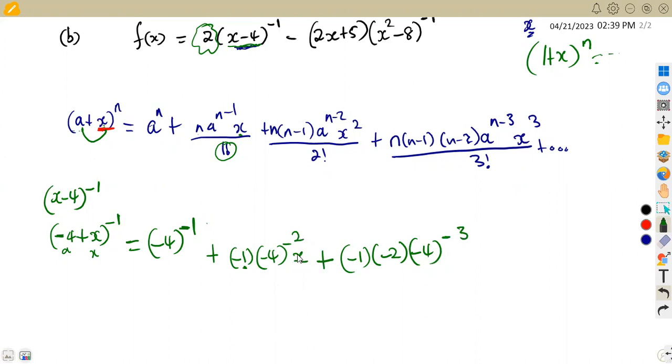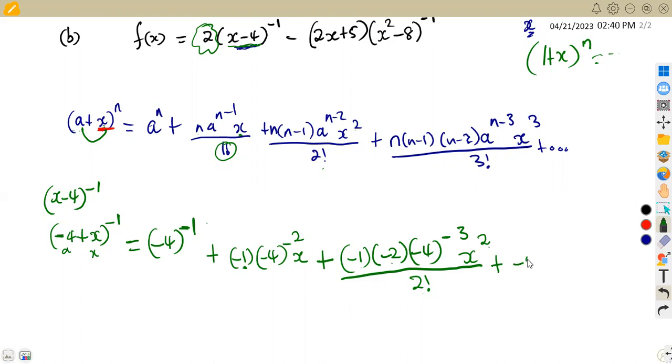Then on x, we are increasing the powers. It was 0, then 1, so it's going to be 2. So that's x to the exponent of 2, everything over 2 factorial. The exponent of x affects your factorial.